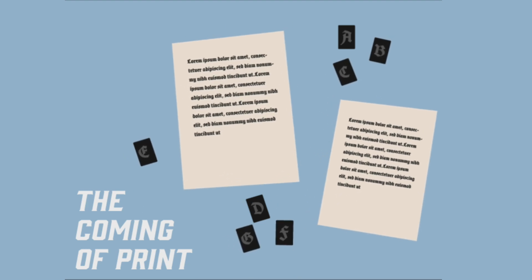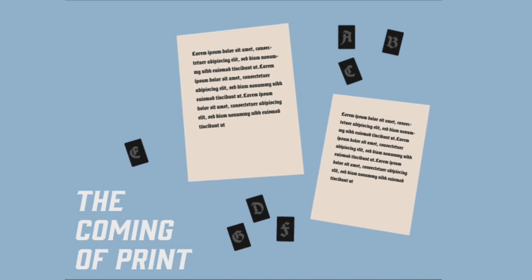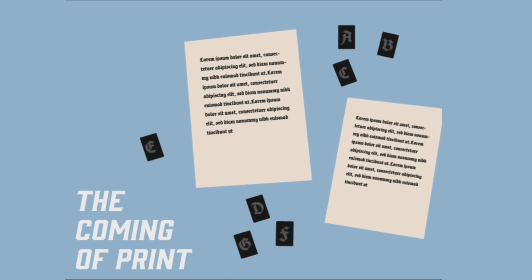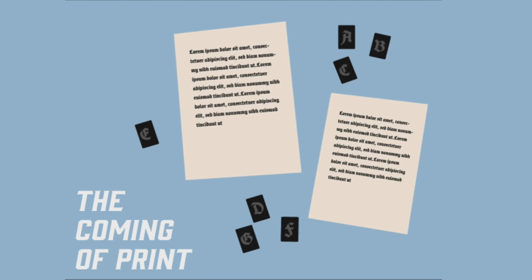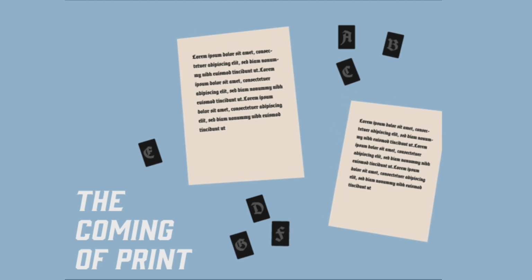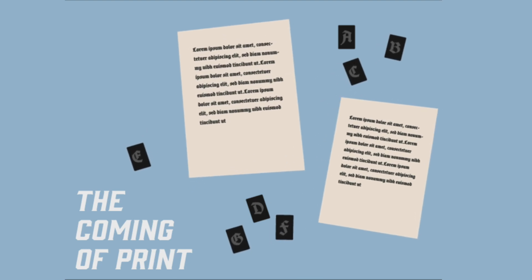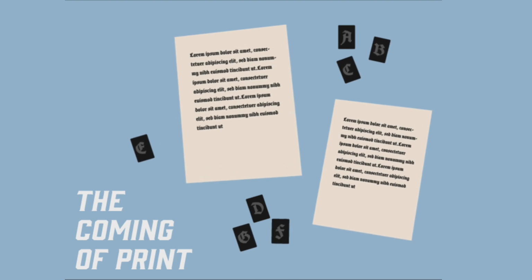I think a lot of times in history classes, at least in the US where I'm from, or in the West, the idea of the printing press is that it suddenly resulted in this massive spread of information, and it unlocked the key to enlightenment around the world.